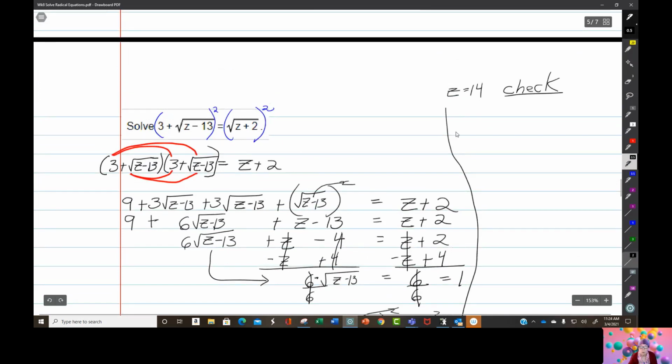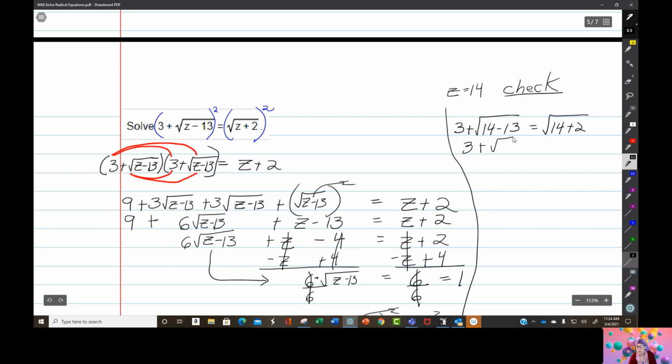Okay, so we're going to have 3 plus the square root of 14 minus 13 equals the square root of 14 plus 2. Now, this is going to work. I can tell because 14 minus 13 is 1.